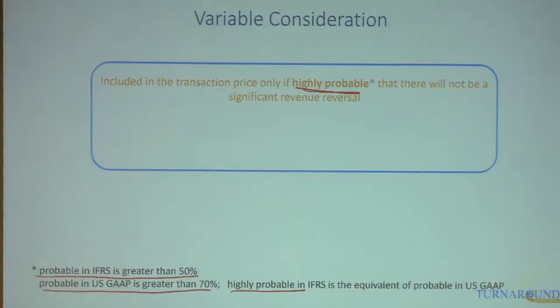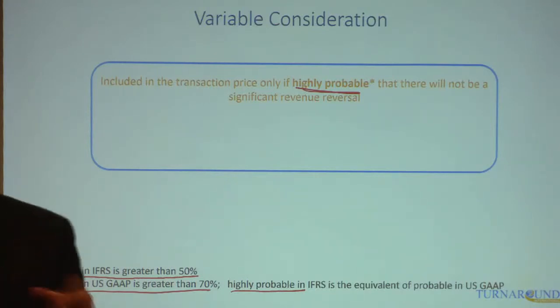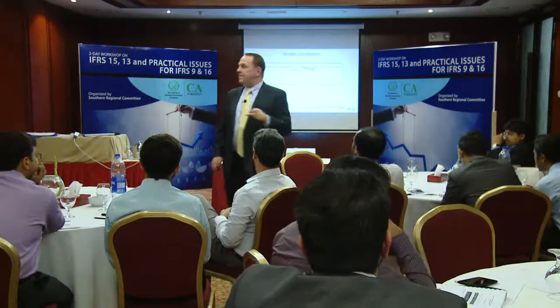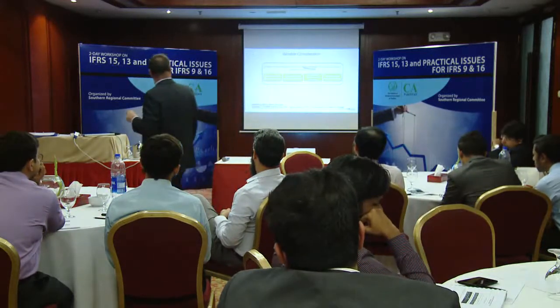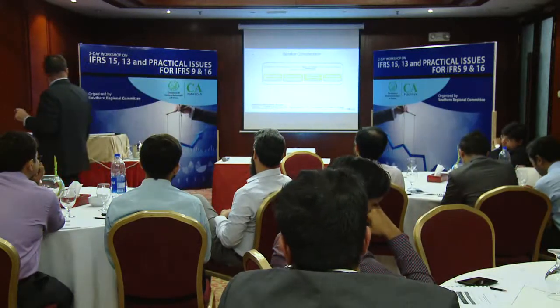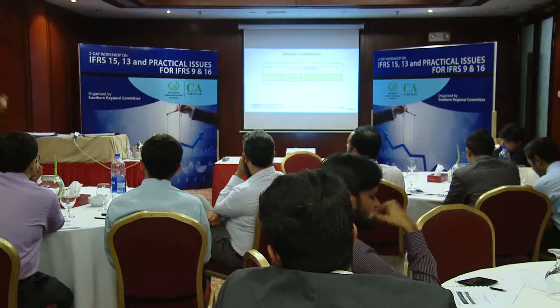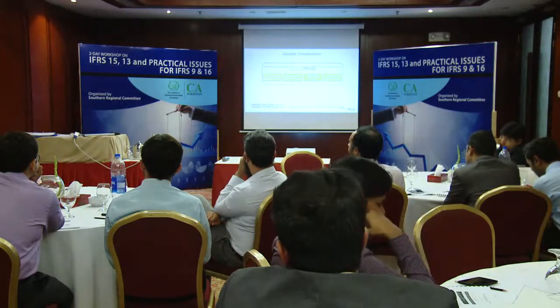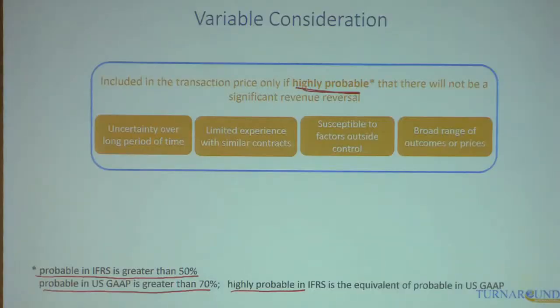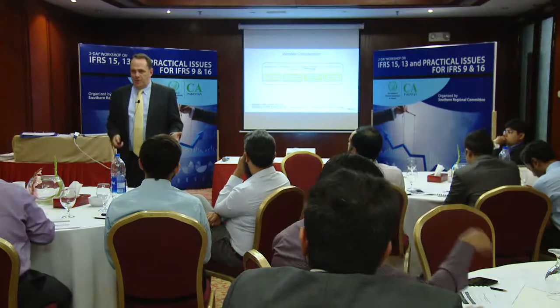So going on to variable consideration here, the key thing we're talking about is this new concept of highly probable. And what the standard says is if there is uncertainty over a long period of time, there's limited experience in those type of contracts, there's factors outside your control, or there's a wide range of outcomes, then you would not consider the variable consideration.